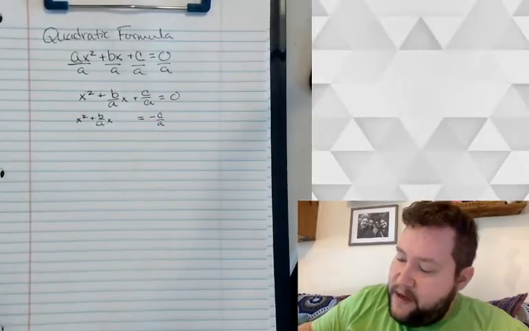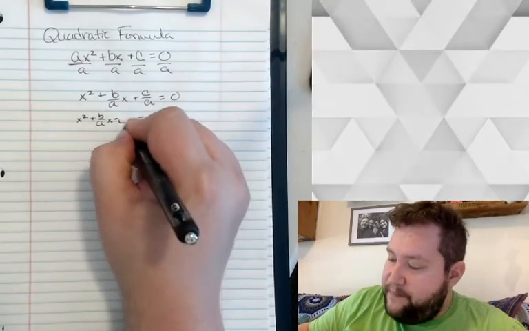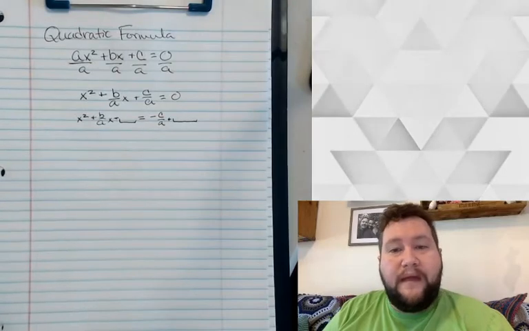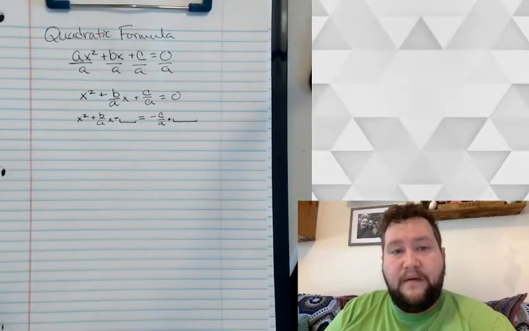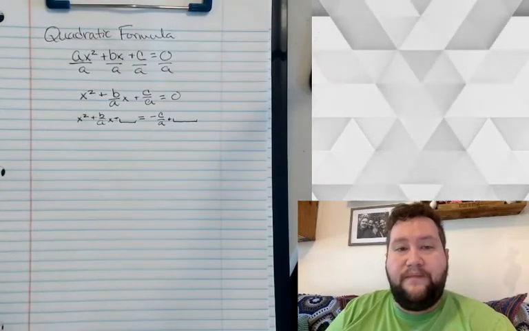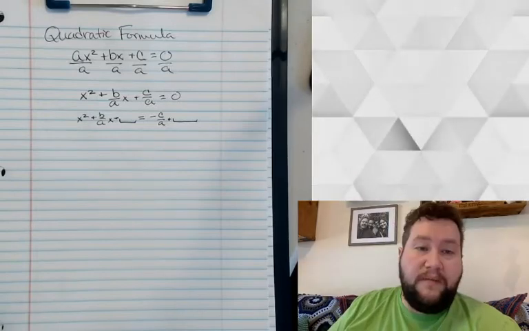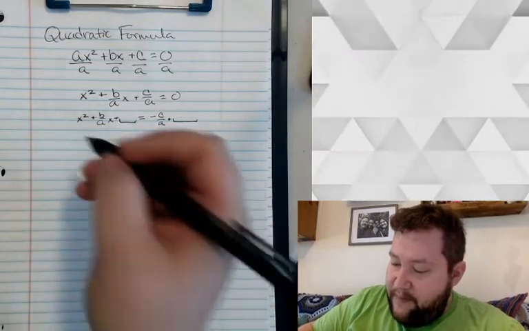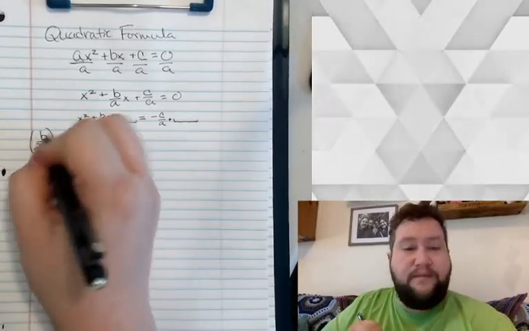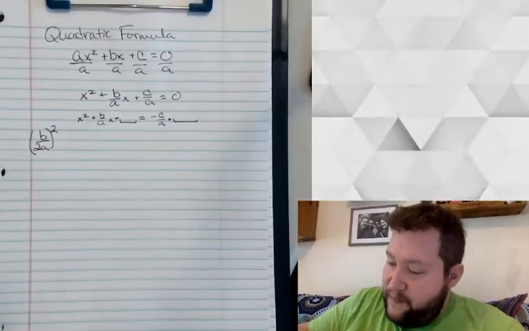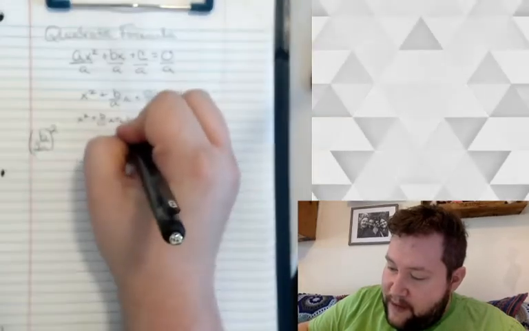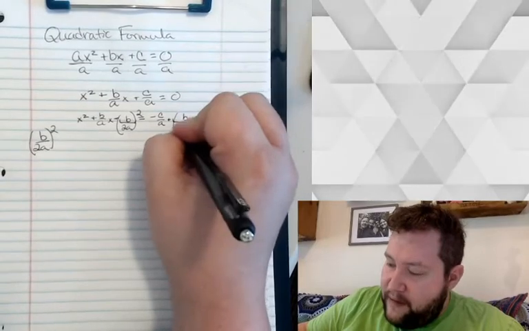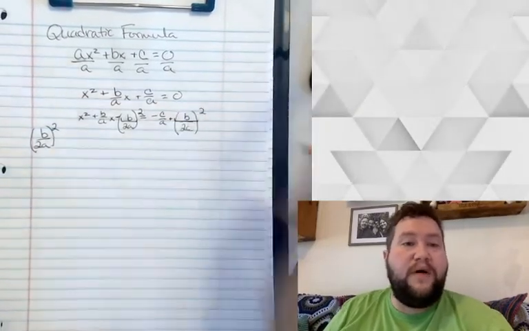And then we always add our blank. And then our process was add middle term divided by 2. So b over 2a squared to both sides. So b over 2a squared, b over 2a squared to both sides.